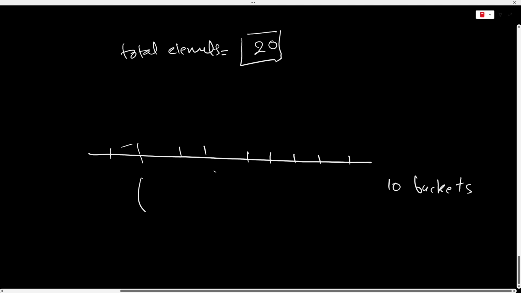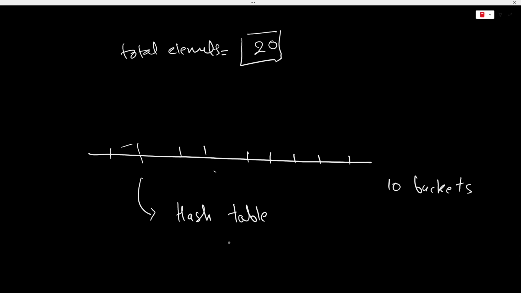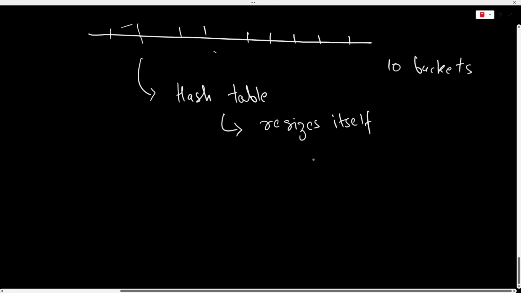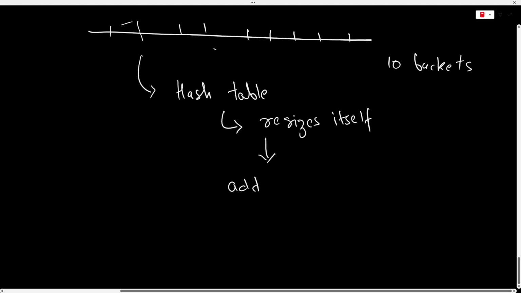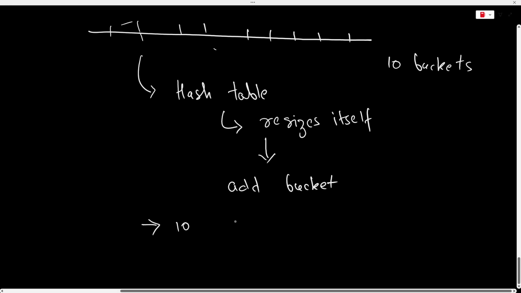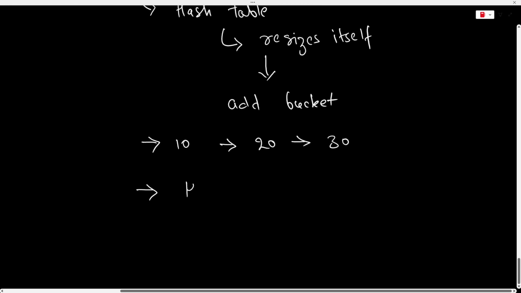So in that case, the hash table automatically resizes itself. By resizing I mean that it increases the number of buckets. For example, if there were 10, now they'll become 20 or 30 or whatever, and all the hashing and distribution will be done again.